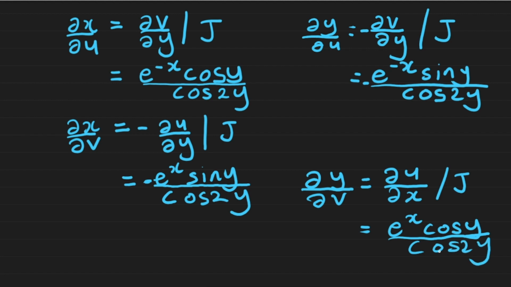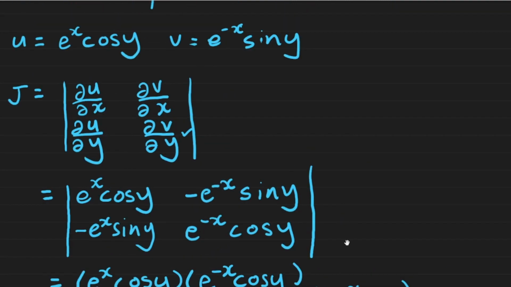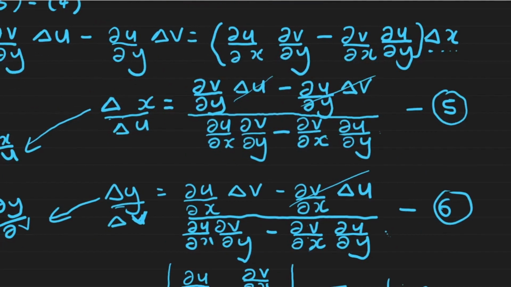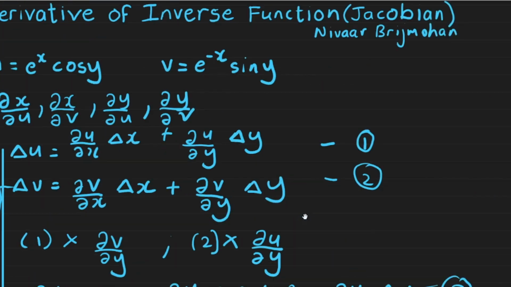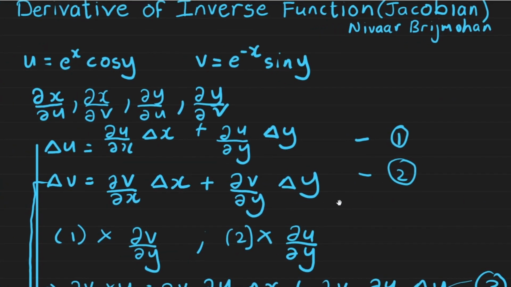So perhaps it's interesting to get a perspective on how these relations were determined. There was quite a bit of mathematical manipulation involved. Not to get hung up on all of the details, but it does matter in the end. So just a brief overview of what we had actually done. This was kind of a long one. We had two functions, u and v, as a function of x and y, and we want to determine the inverse derivatives.